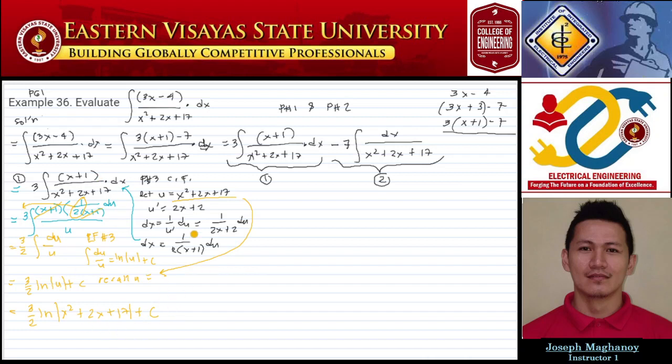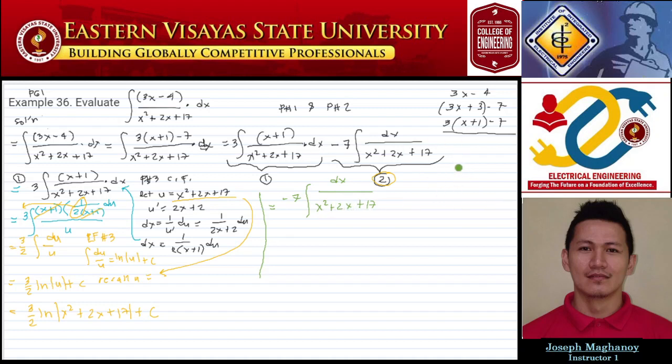Okay, we are done with our first subject. Moving on to our second subject. Equal to negative 7 integral of dx all over x squared plus 2x plus 17. In this side, we need to factor out first our x squared plus 2x plus 17.